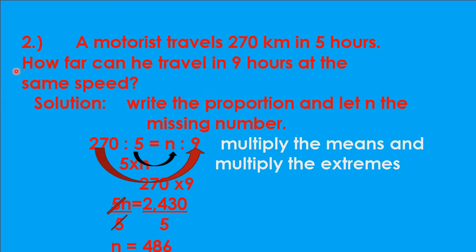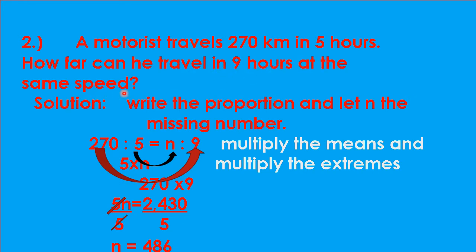Number 2. A motorist travels 270 km in 5 hours. How far can he travel in 9 hours at the same speed? Solution. Write the proportion and let n be the missing number.